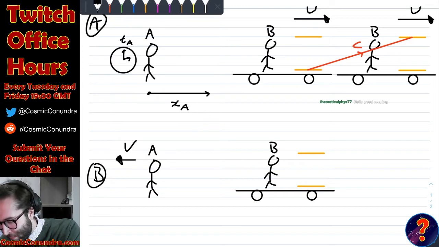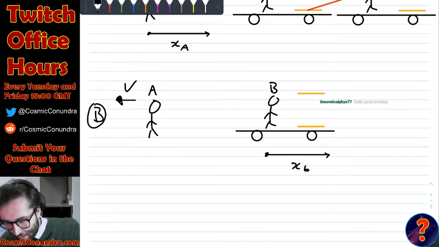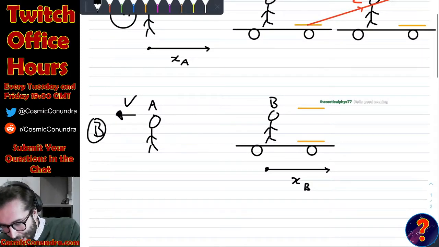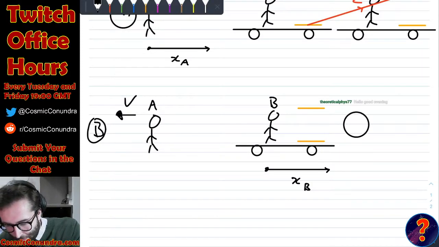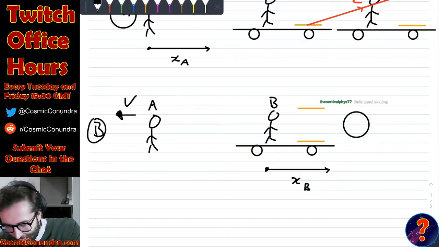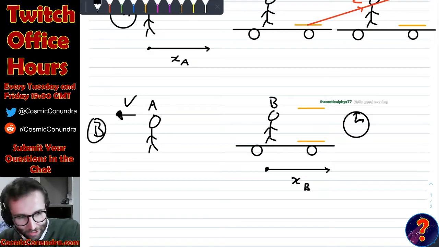Now, person B will make measurements from themselves. They will measure lengths that we'll call xb, and they have their own clock. Technically their clock is the light clock, but imagine the light clock is plugged into their clock so they can read it, because a light clock is probably not very good for making sure you stay on time for things.